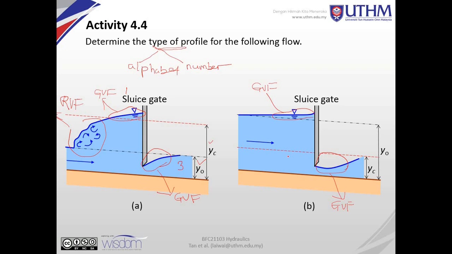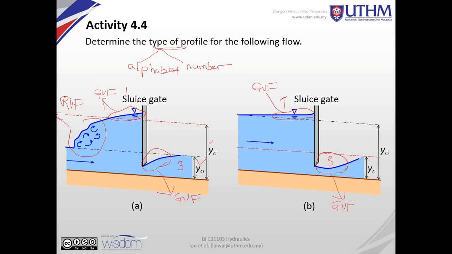The same technique is applied to determine the region in figure B. It is at the top of both of these parameters, so our region is region 1, and the second curvature here appears at the bottom of one of these parameters, so our region is region 3.